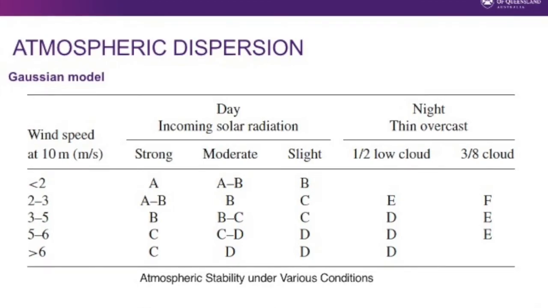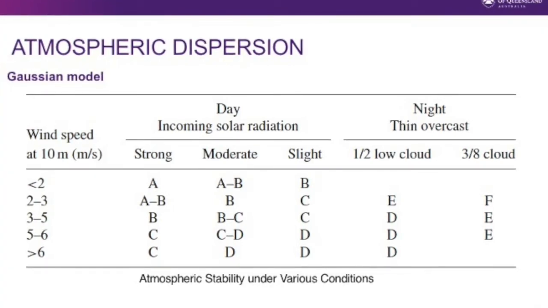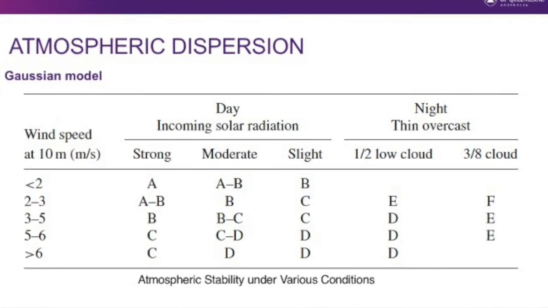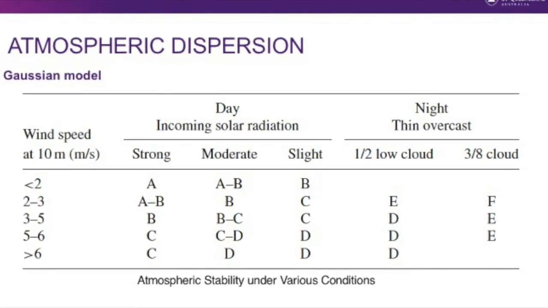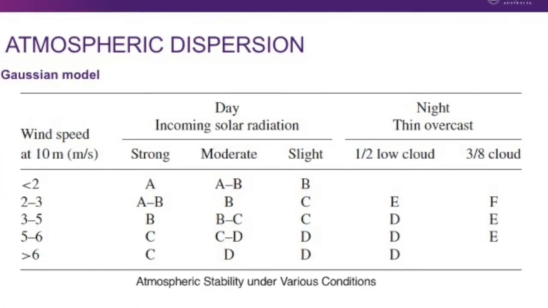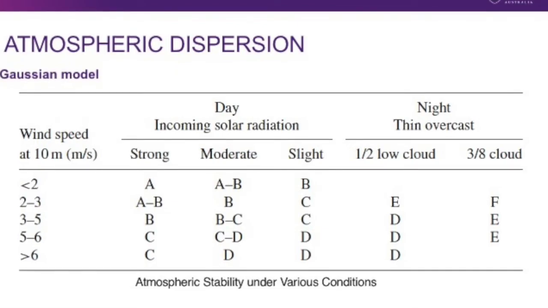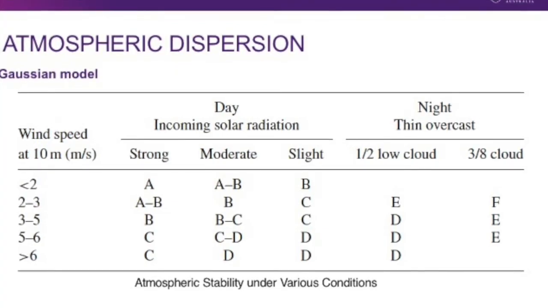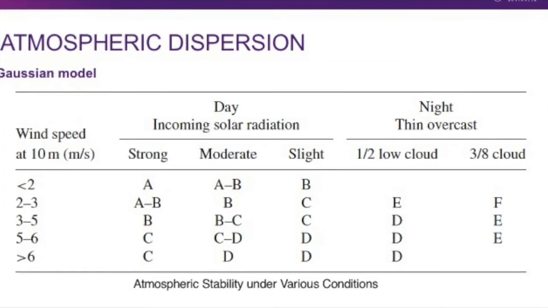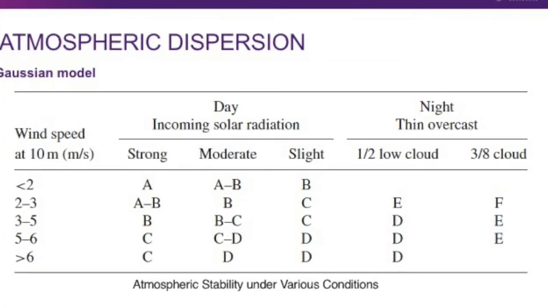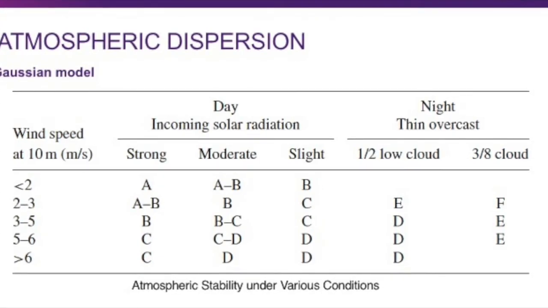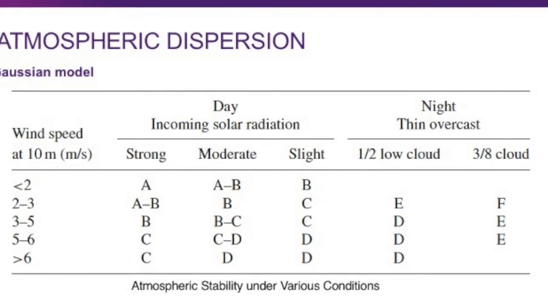If we translate these to ambient lapse rates, the ones that we've been discussing, classes A, B, and C are associated with the superadiabatic conditions, or what we have called before unstable conditions. Class D is classified as neutral condition, while classes E and F are subadiabatic conditions, or what we call stable conditions.